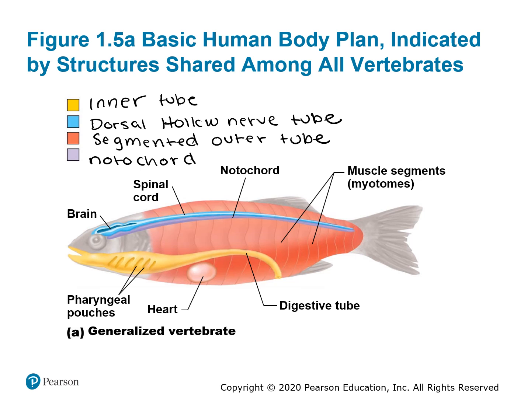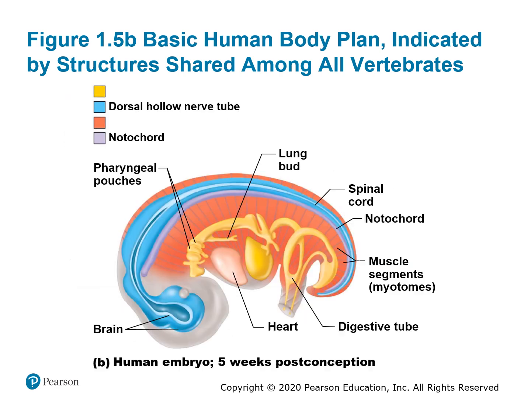Okay. Tube within a tube. Inner tube, right in there. Dorsal hollow nerve tube, segmented outer tube, and a notochord. Okay?